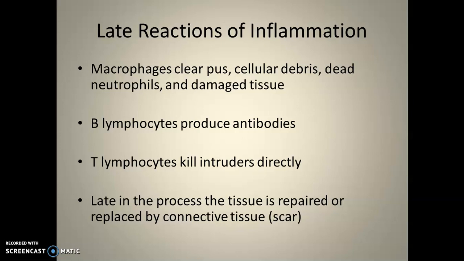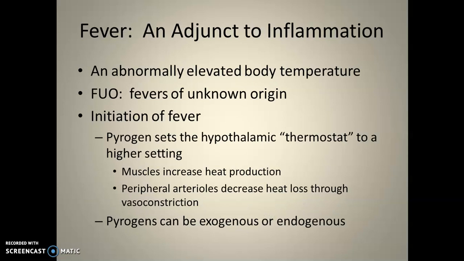So right at the site of the infection, there's going to be some signaling that's going to happen up through the lymphatic vessels to your lymph nodes where the B cells and the T cells are, so that antibodies can be produced by the B cells and get in on the fight, and T cells can come and help to kill intruding bacteria. Again, we'll talk more about that next week when we get to that specific line, right? But it's sort of this crossover between inflammation and our specific line of defense later, and then eventually we repair the tissues.